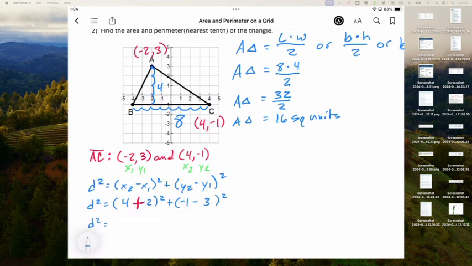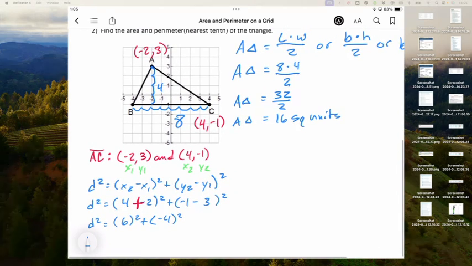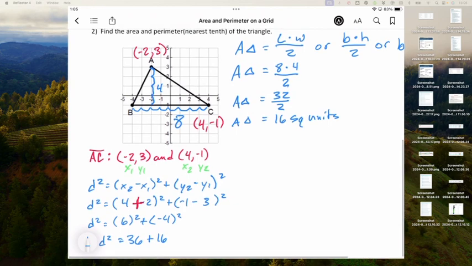So we'll have d squared is equal to 4 plus 2 is 6, and negative 1 minus 3 is negative 4. So d squared is equal to 36 plus 16. D squared is equal to 52.